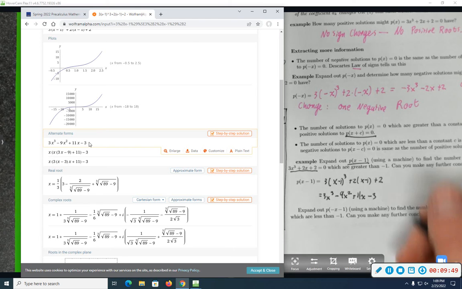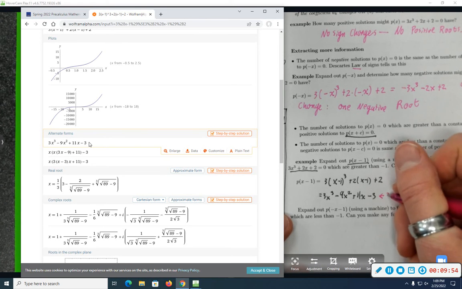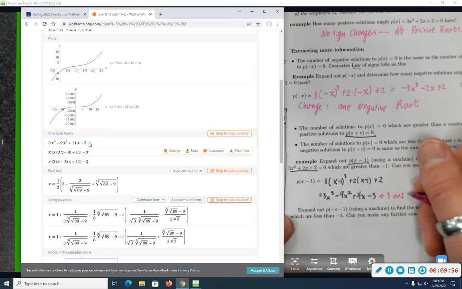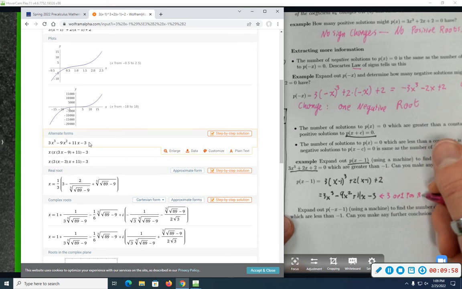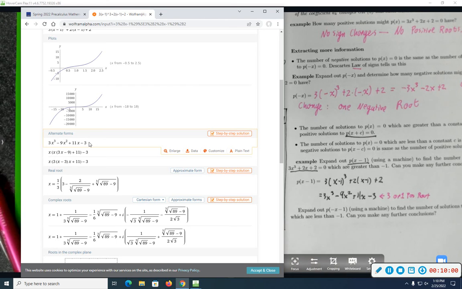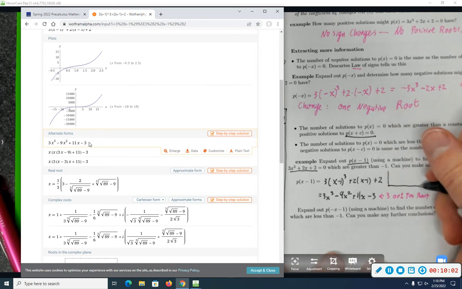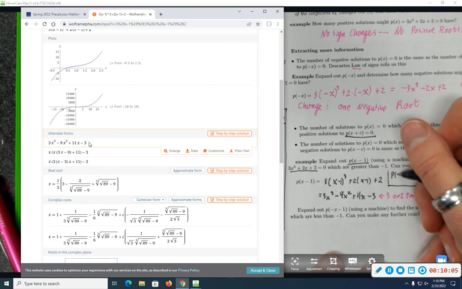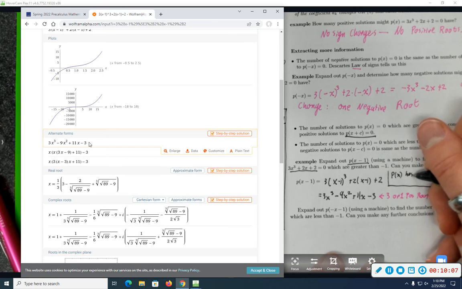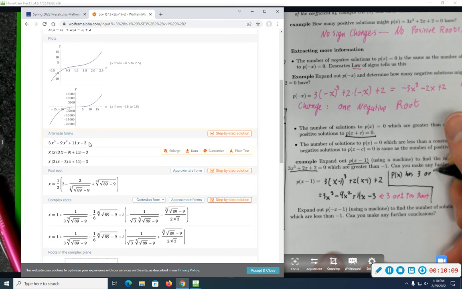So this thing has 3 or 1 positive root. So what do we conclude? The original polynomial p of x has 3 or 1 roots to the right of x equals -1.